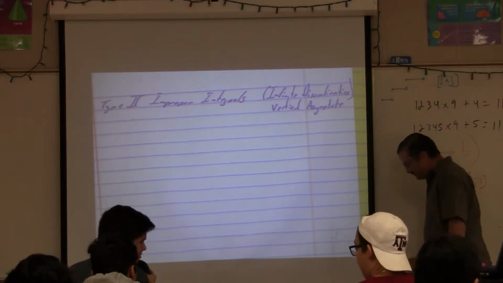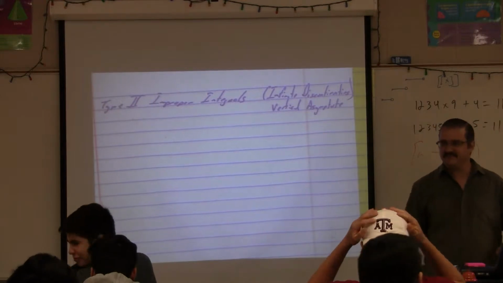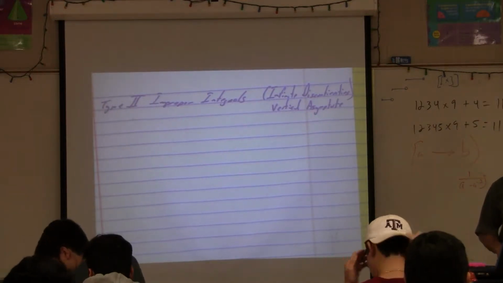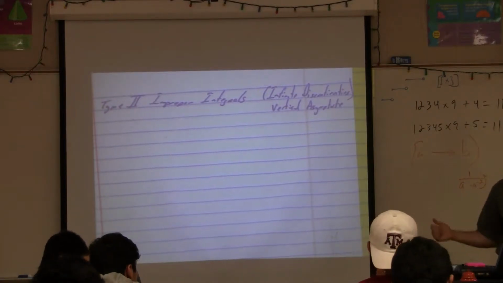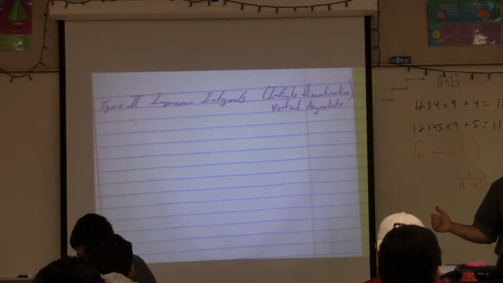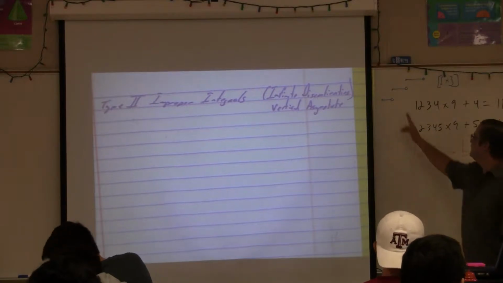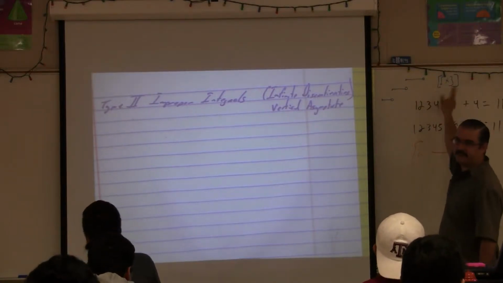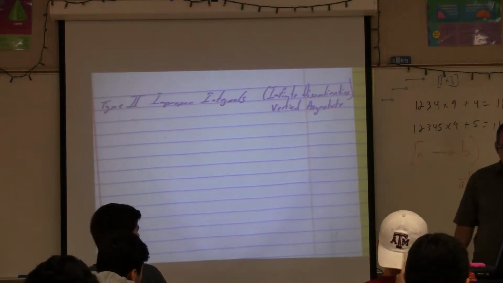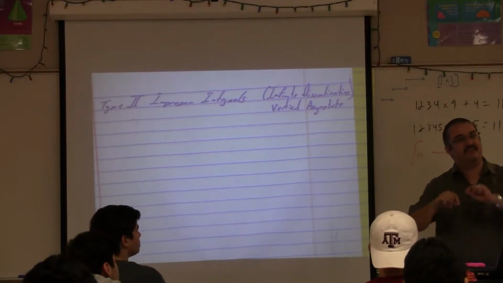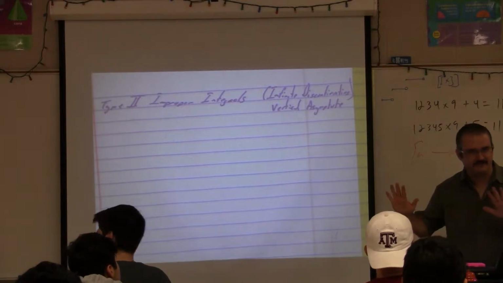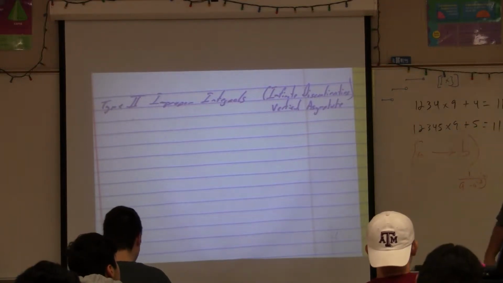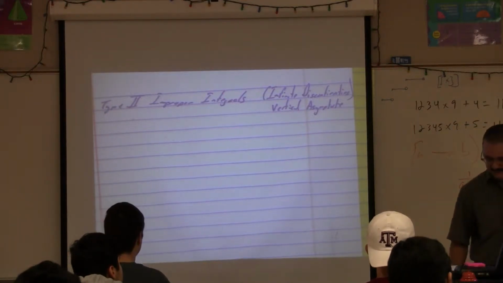You don't see it very often. Won't be on the AP test. But that has an infinite number of discontinuities, right? It's discontinuous here, and here, and here, and here. Doesn't have an infinite discontinuity. Understand the difference? Okay, beautiful. Fancy word for vertical asymptote.